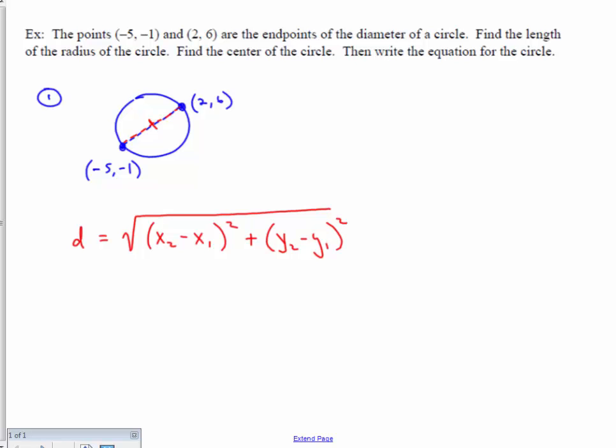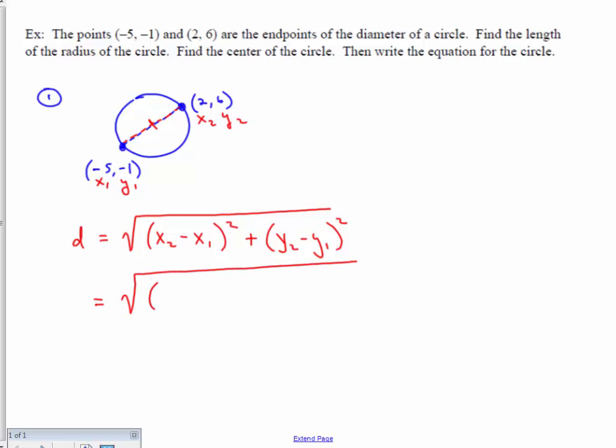And then I'm going to label my points x sub 1, y sub 1, x sub 2, y sub 2. It's really irrelevant which points you label which, as long as the 1's go together and the 2's go together. I use the variable d because I'm finding the total distance between these two, which is the diameter.